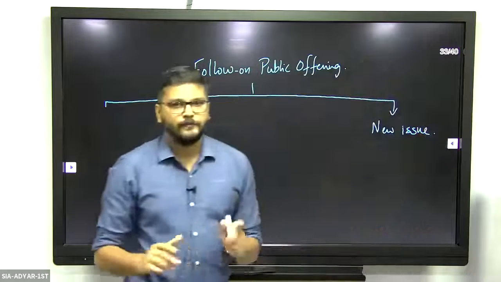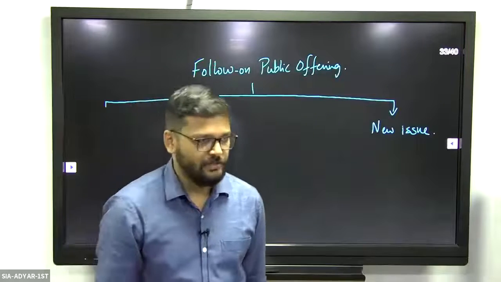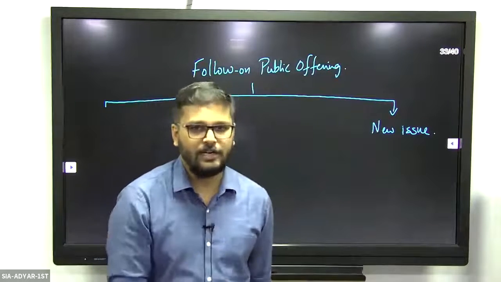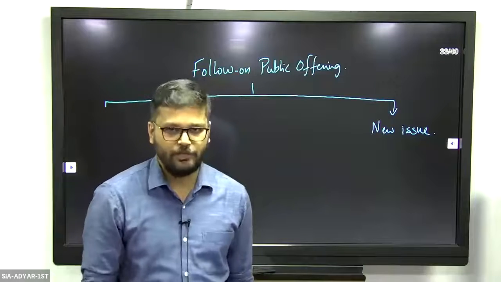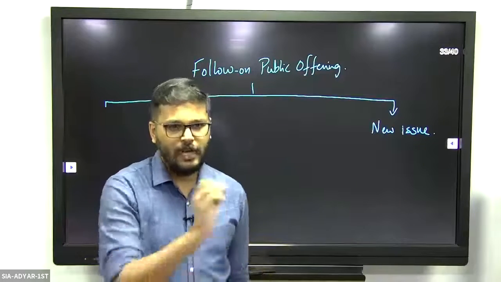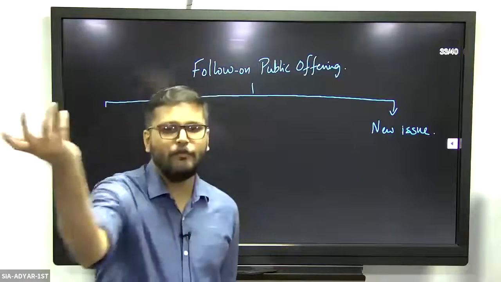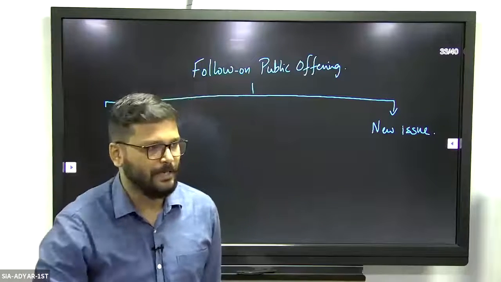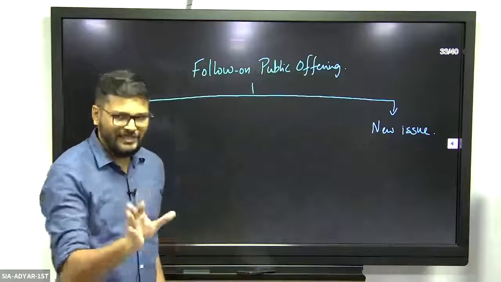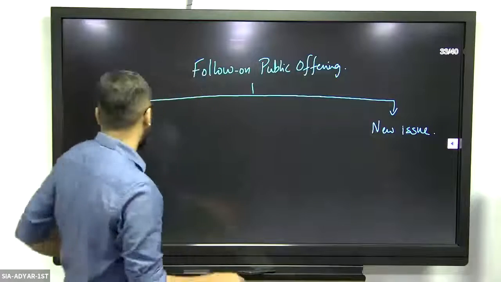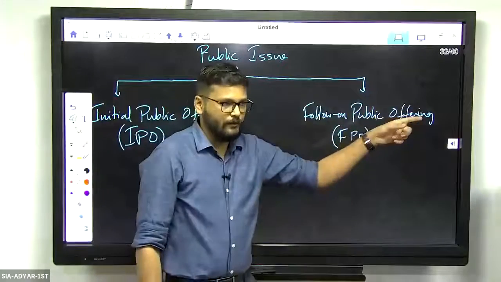New issue means the company has decided to issue a second set of shares. First, they had issued, let's say, 100 shares to some people. Now they want to issue 50 more shares. They are making it available for anyone. Anyone who is interested can come and buy the shares. That is called a new issue, which is the same as follow-on public offering.